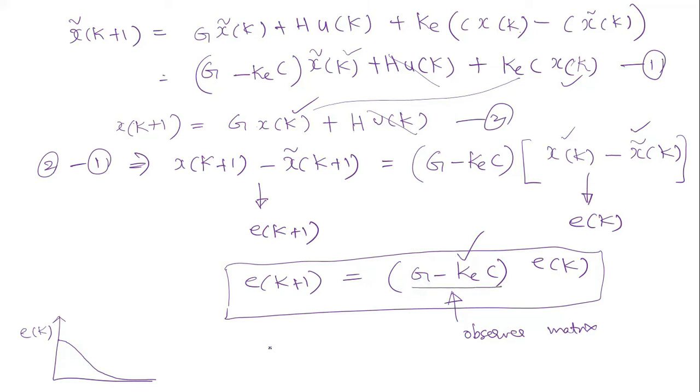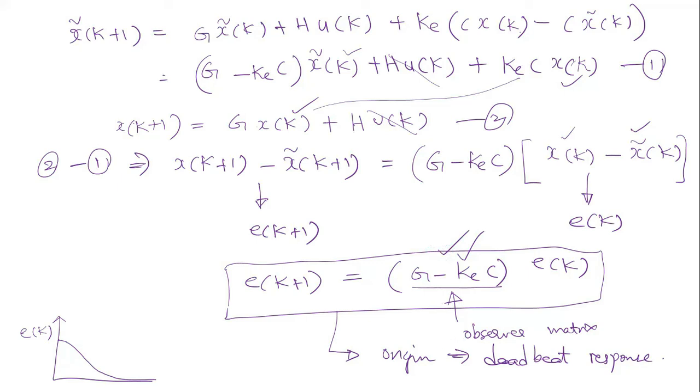If you place the poles of this error dynamics at the origin, we call that a deadbeat response. That is, if the eigenvalues of this matrix g minus kec are equal to 0, then we call that a deadbeat response.